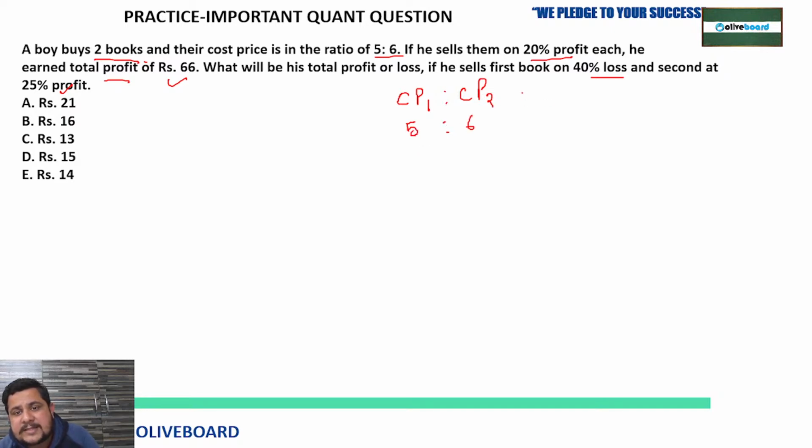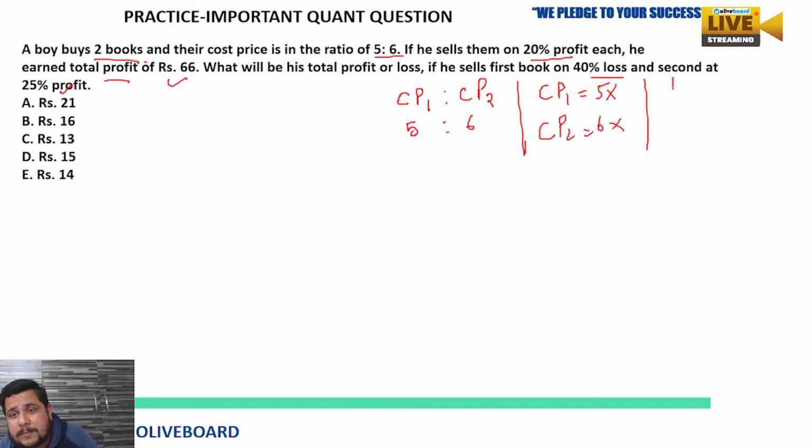So we can assume that the cost price of the first book is 5x and the second is 6x. If he sells them at 20% profit, then 20% of 5x will be what? 10% will be 0.5x, so 20% will be 1x, means x. Now both books he is selling at 20% profit.